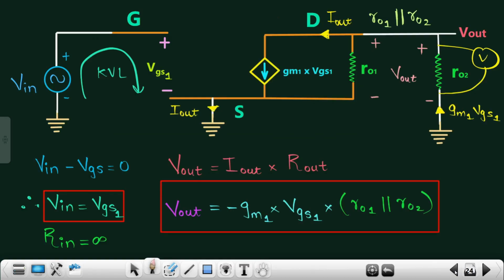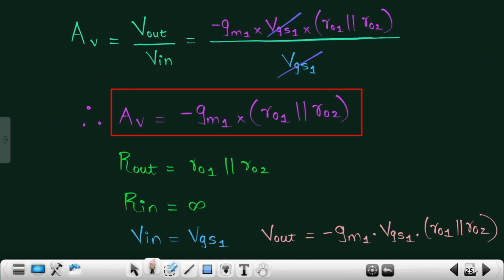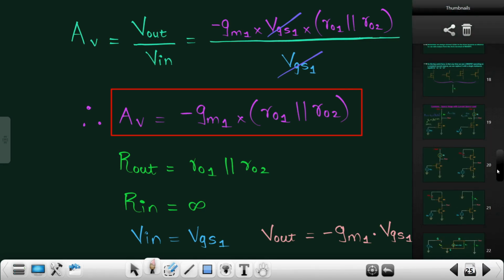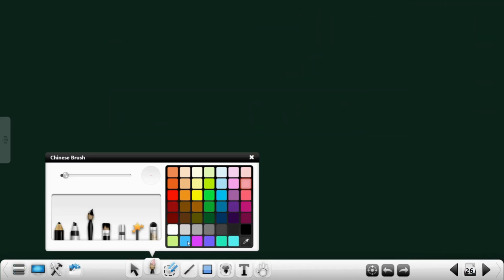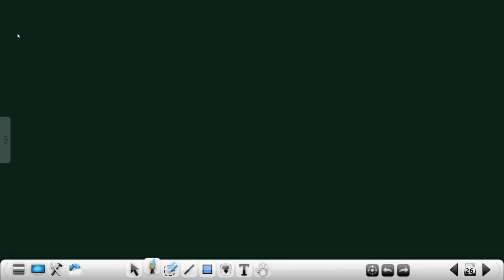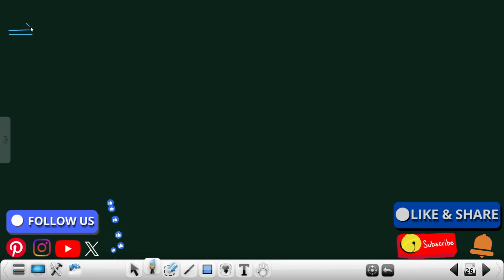I hope this part is crystal clear, and the most important thing was that the gain offered by this circuit is much higher as compared to the common source amplifier or common source stage. So this is the key point. What conclusion do we draw from this circuit?